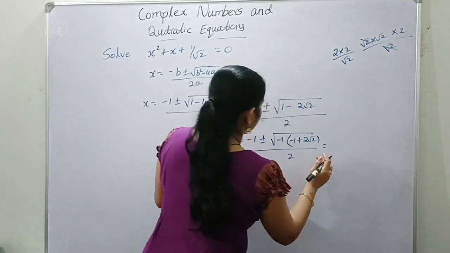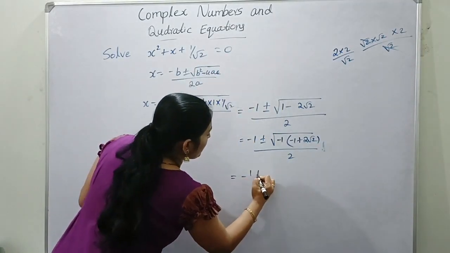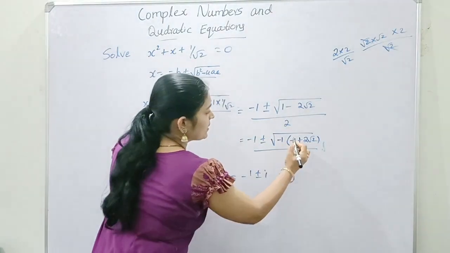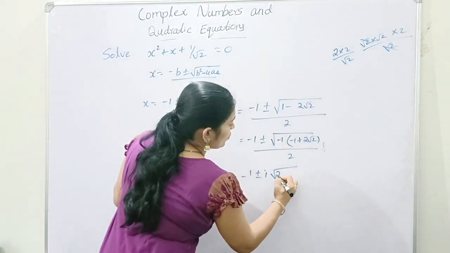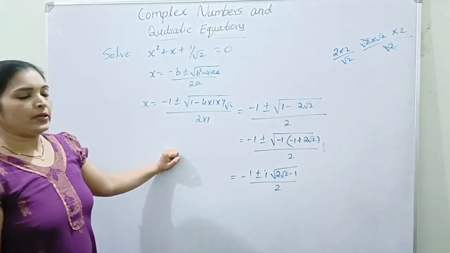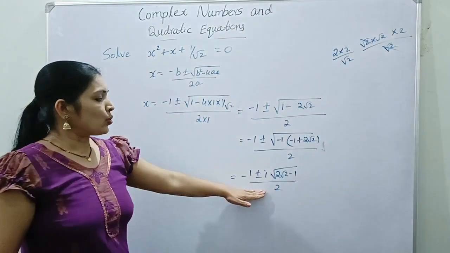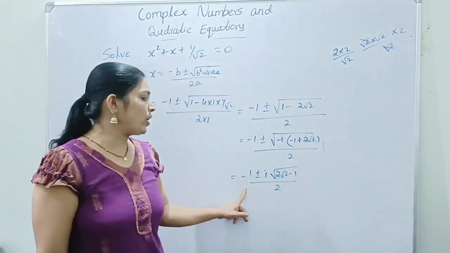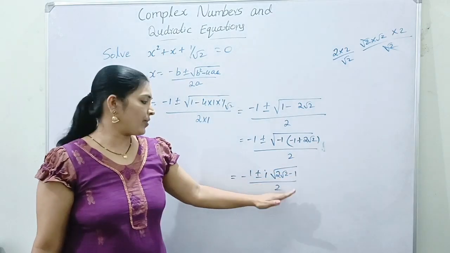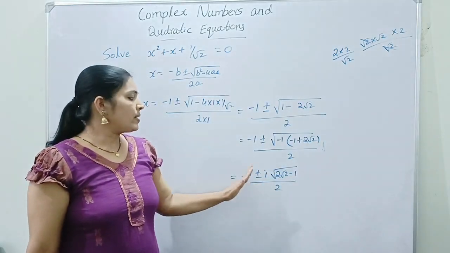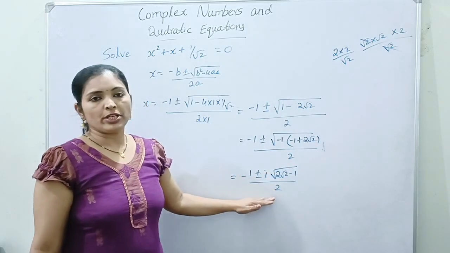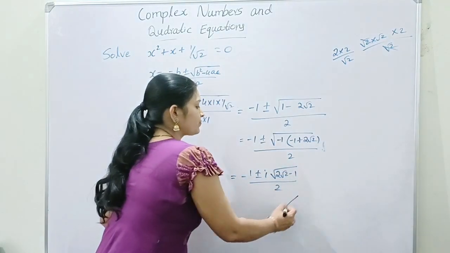That is minus 1 plus or minus square root of minus 1, which is nothing but i, square root of 2 root 2 minus 1, divided by 2. So the solutions are minus 1 plus i root of (2 root 2 minus 1), divided by 2, and minus 1 minus i root of (2 root 2 minus 1), divided by 2.